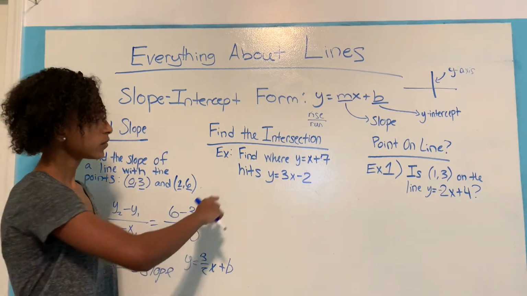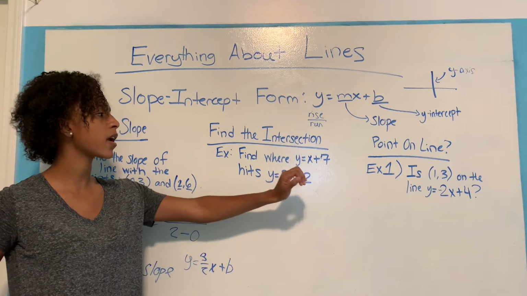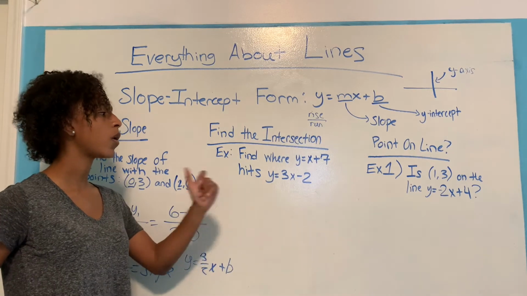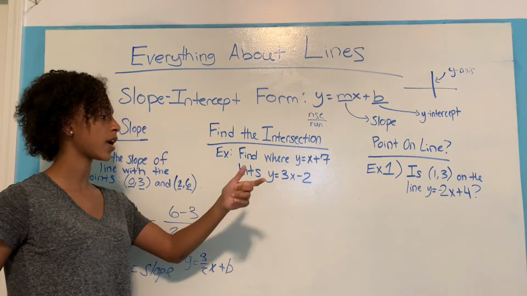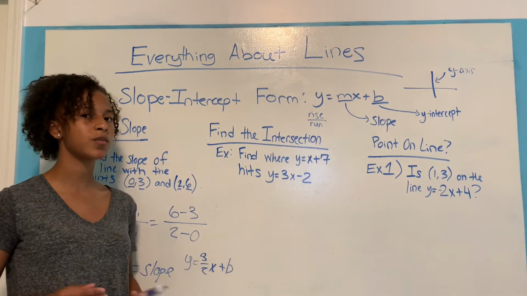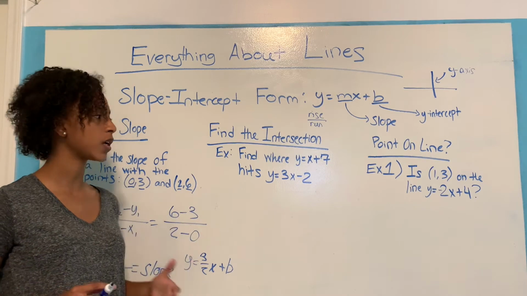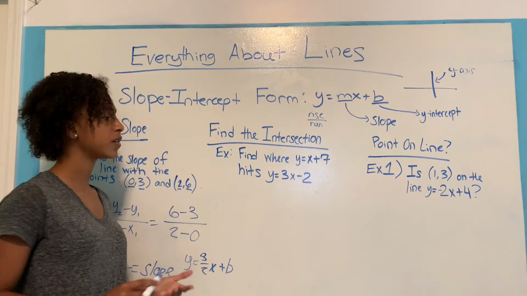So in this case, the example is find where y equals x plus 7 hits y equals 3x minus 2. These types of problems may look a little difficult, but they're actually very easy, because all you need to do is set them equal.